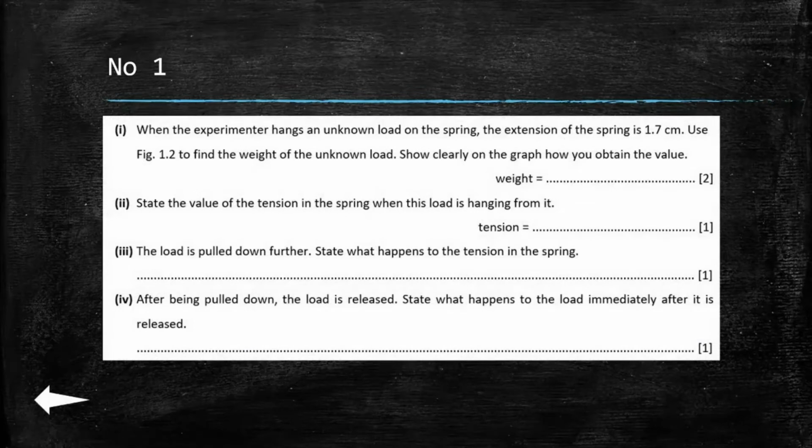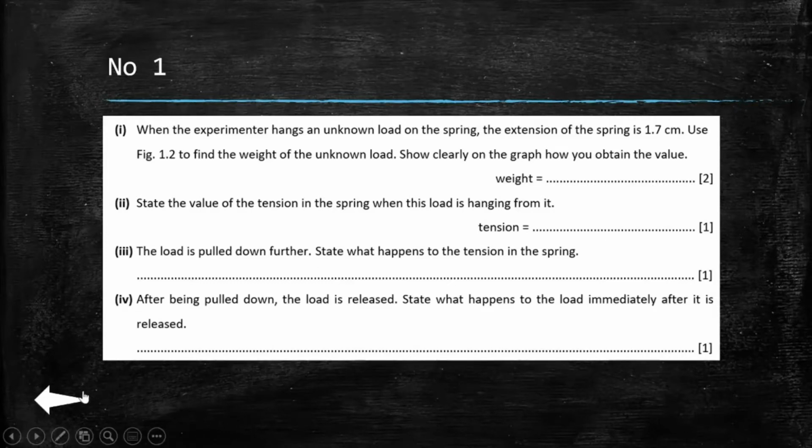When the experimenter hangs an unknown load on the spring, the extension of the spring is 1.7 cm. Use figure 1.2 to find the weight of the unknown load. Show clearly on the graph how you obtain the value.